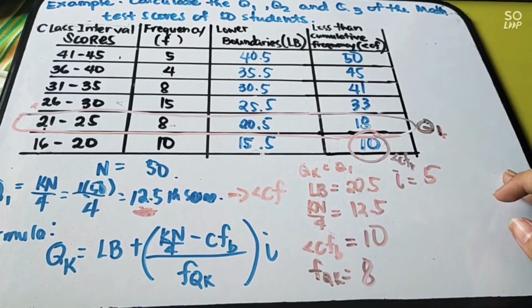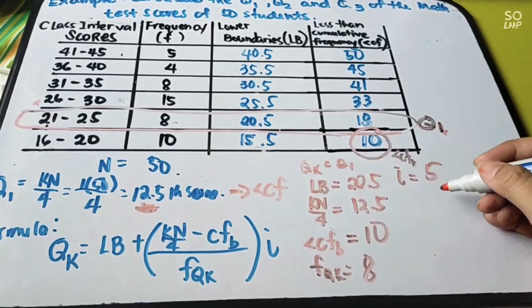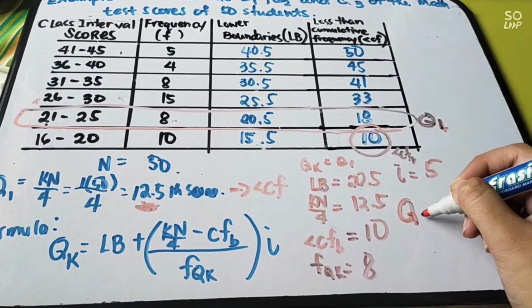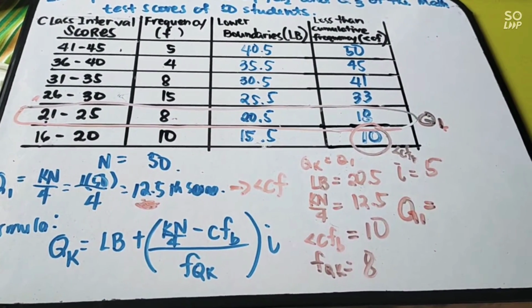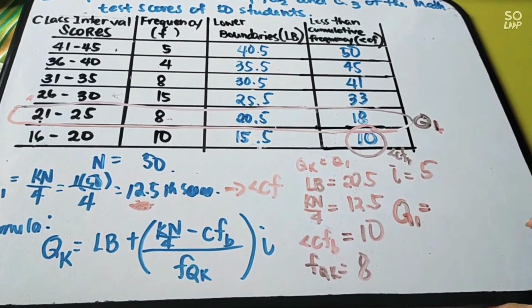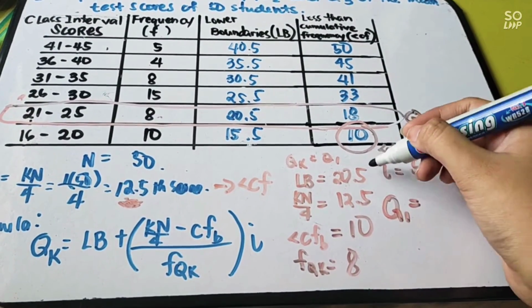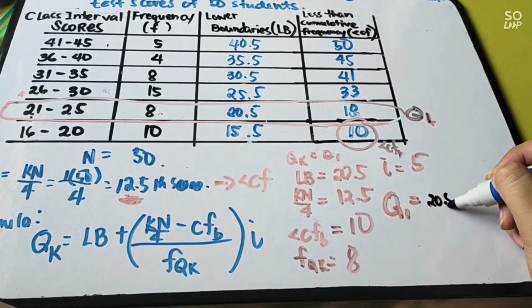Okay? Next tayo. We have the formula. Let us substitute. So, for Q1, we have the lower class boundaries. Ang lower class boundaries mo is 20.5.